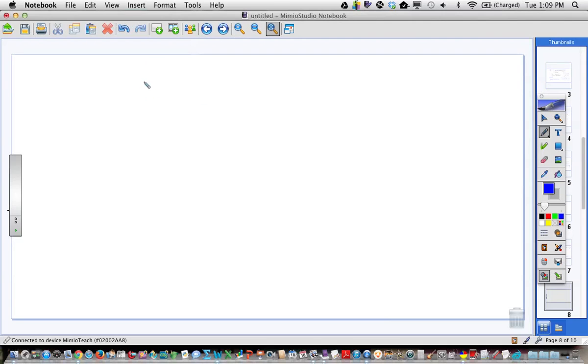All right, so the one that we're going to try to deal with now is going to be a problem that looks like this. The integral of x times e to the x dx.